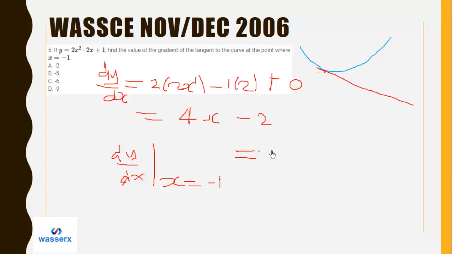This is the gradient function, which is 4 times -1 minus 2. And this will give us -4 minus 2. So this will give us -6. So the correct answer is -6.